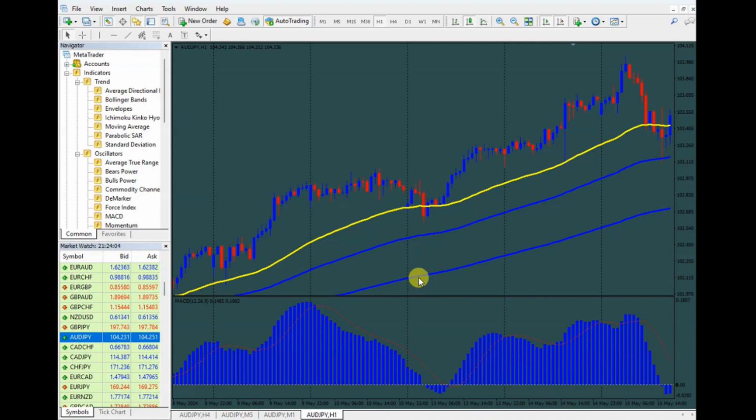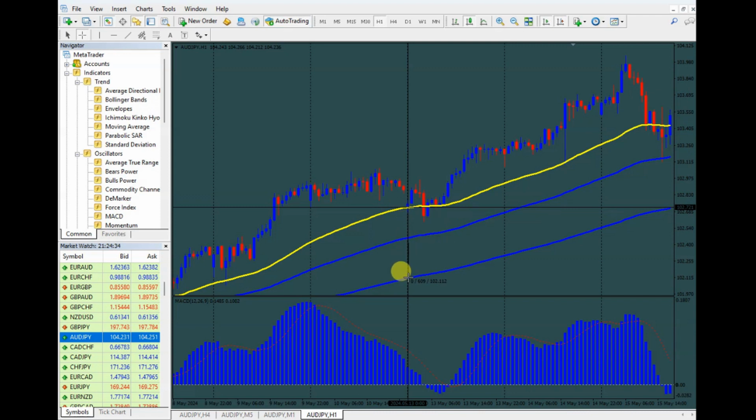Remember, our stop loss is always at the level of the 200 EMA, and our take profit is 2 to 1.